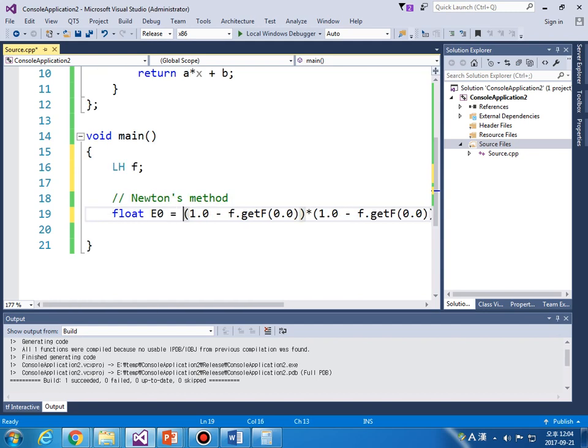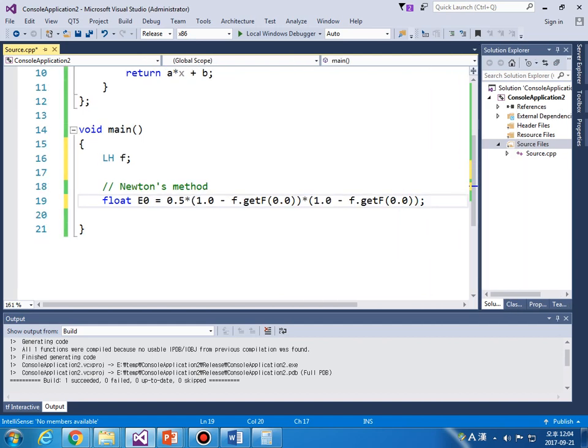And 1f, right? So this is the squared error function for the first constraint.